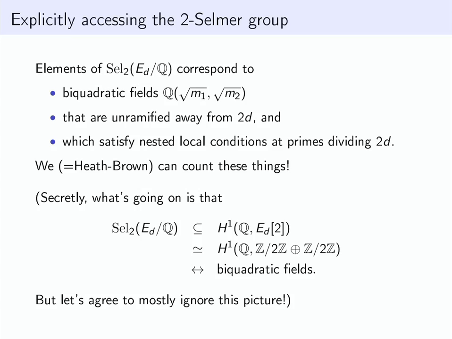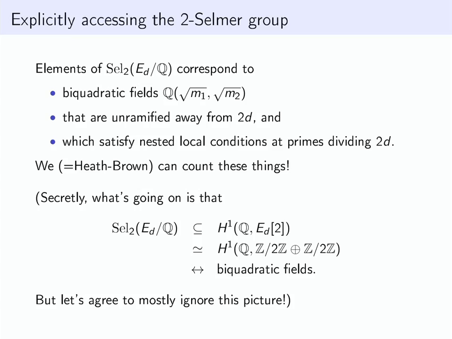Because in particular, it turns out that this two-torsion subgroup of the elliptic curve, well, we know what that is. We know that these elliptic curves have full two-torsion. It's Z2 cross Z2. And in fact, its Galois structure doesn't change as you vary in quadratic twist families. And so you actually have that this two-Selmer group sits inside this fixed H1(Q, Z2 cross Z2).